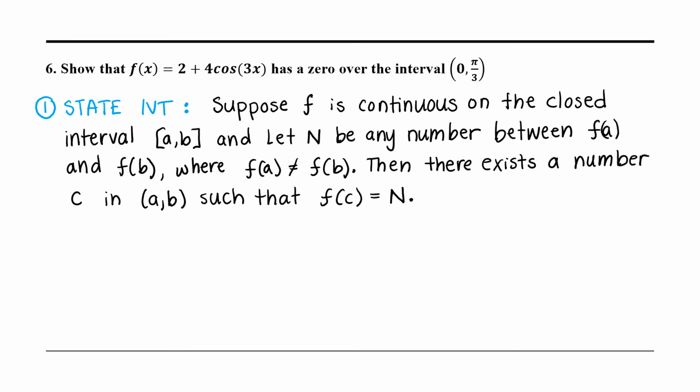But since you're just beginning to use these theorems and state them, it's good practice for later in math, where just common courtesy, if you're using a theorem, make it so that the people that are reading your proofs know what you're trying to do. So it's kind of like a topic sentence. It doesn't have every bit of information, but it tells the reader where you're going. So make sure you're stating the intermediate value theorem.